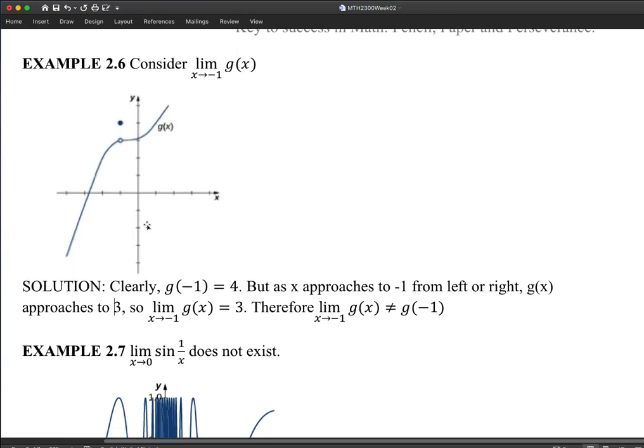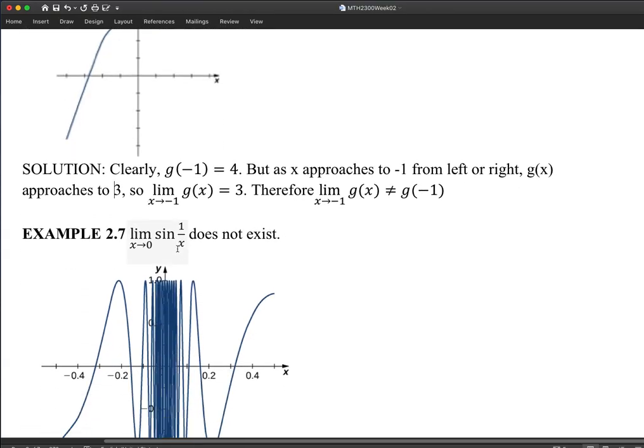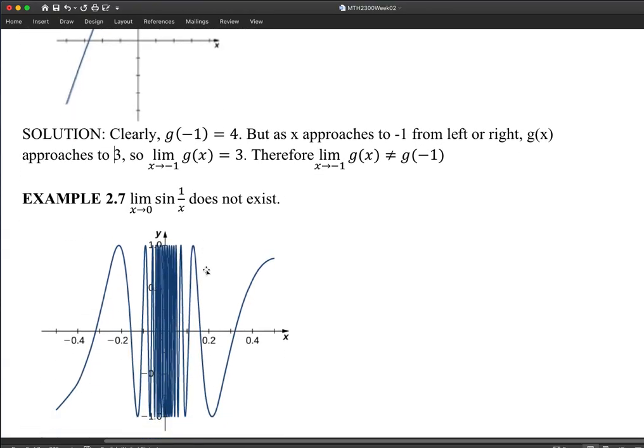Certainly, the graph is very helpful. And in this case, the function we are considering here might be very weird. One thing I want to note here is that the sine function is a wave, right? The graphs of sine and cosine really are waves. And the sine is always bounded between -1 and +1.